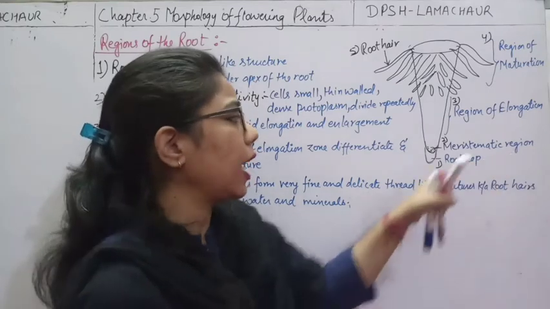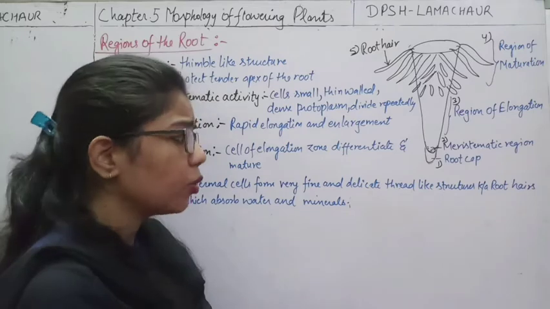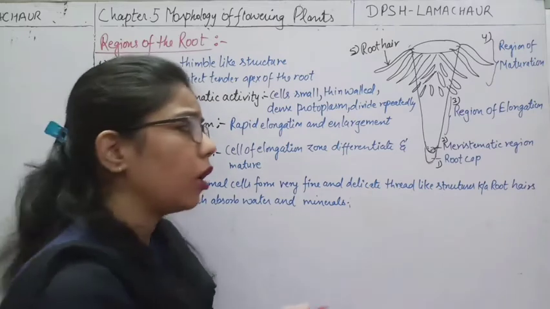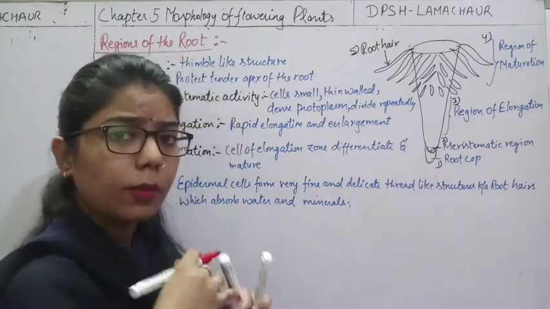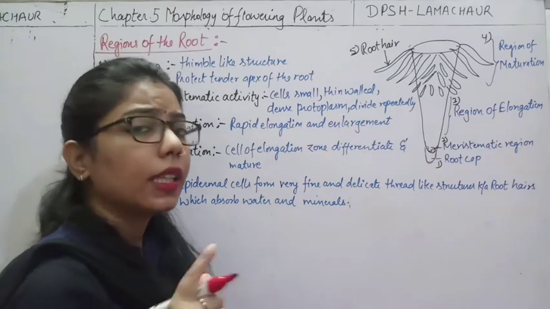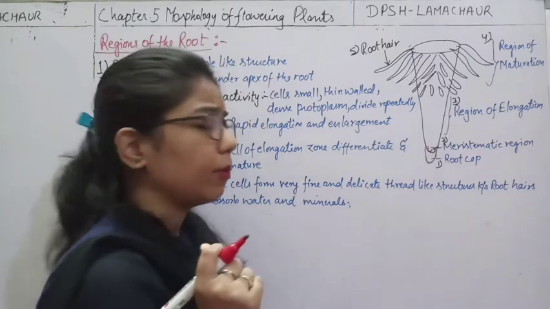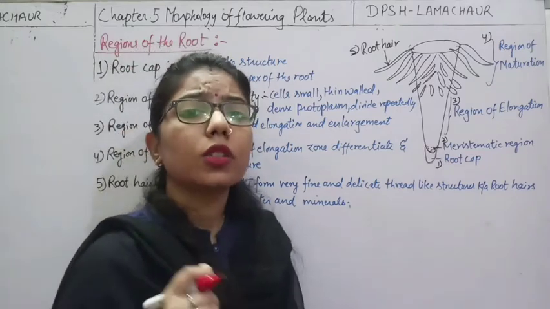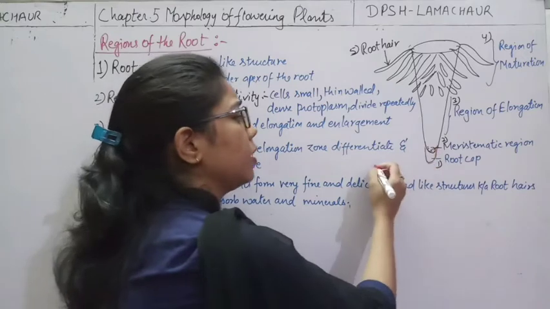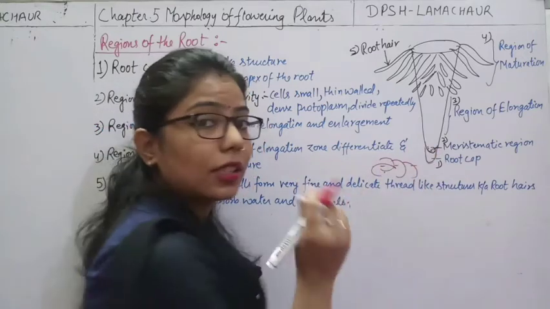Okay, this will help the root. How will it help the root? Because we know that roots always try to spread in the soil. If they spread in the soil, what will happen? These roots are very sensitive, or we can say very soft. If they penetrate the soil which is present here, it contains some sand, it contains some stone.